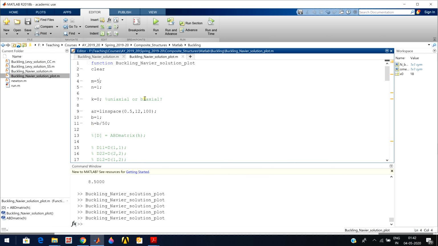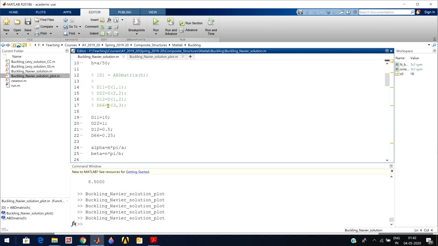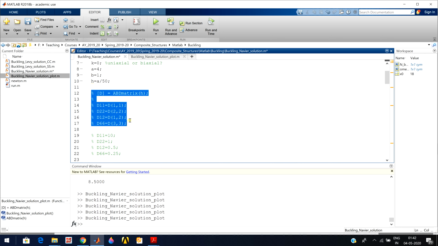So to do that, let me go back to this Navier solution, and here I should comment this out, because this is the relation for the results which I showed in the beginning.